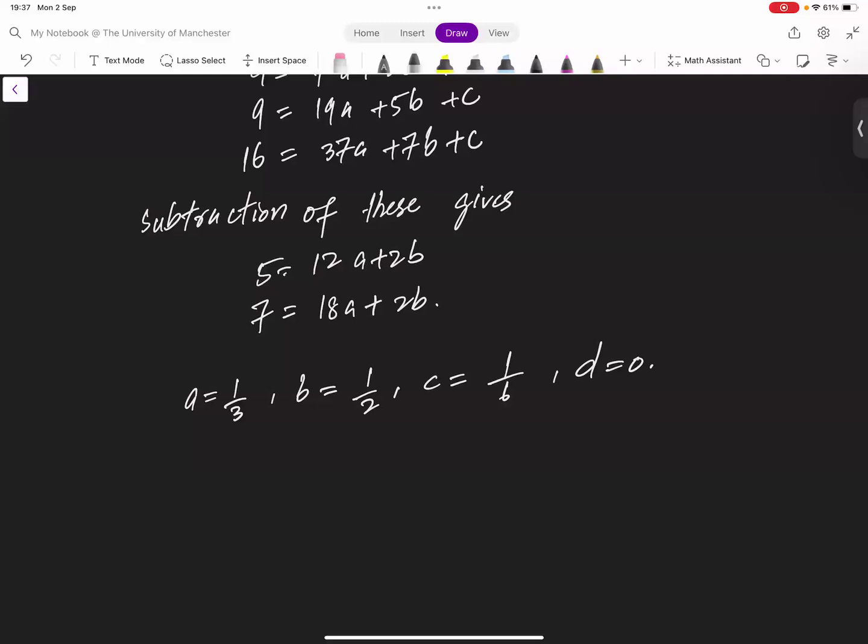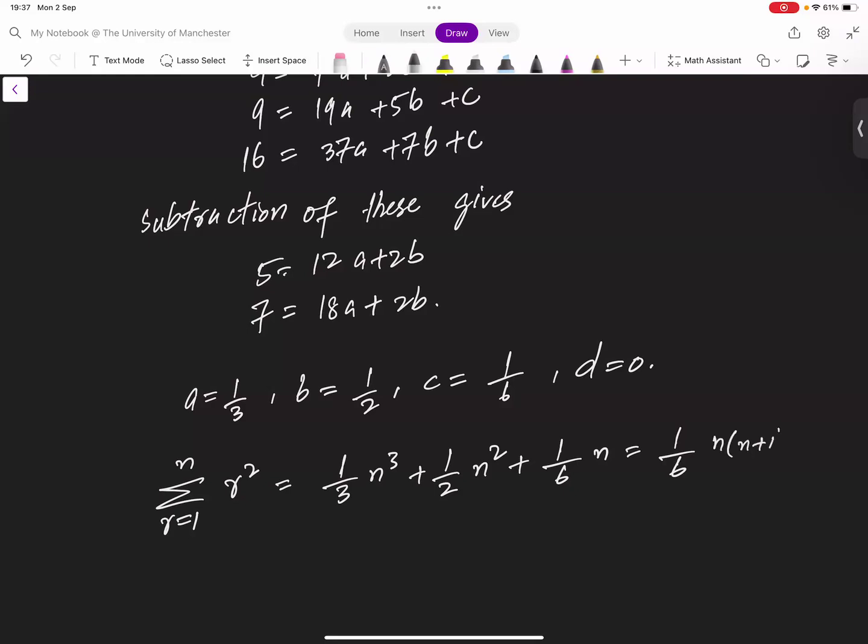So the sum of r squared from 1 to n is 1/3 n cubed plus 1/2 n squared plus 1/6 n, which can be written as 1/6 n into n plus 1 into 2n plus 1. Perfect. And this turns out to be correct. We leave it to the reader to prove it by induction.